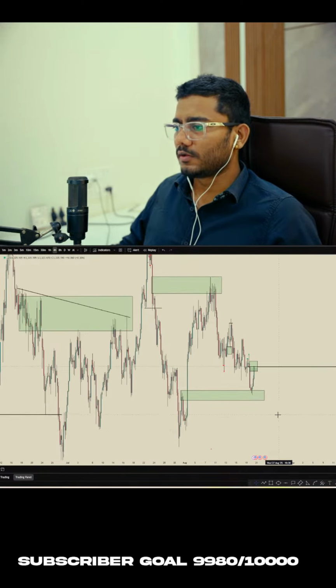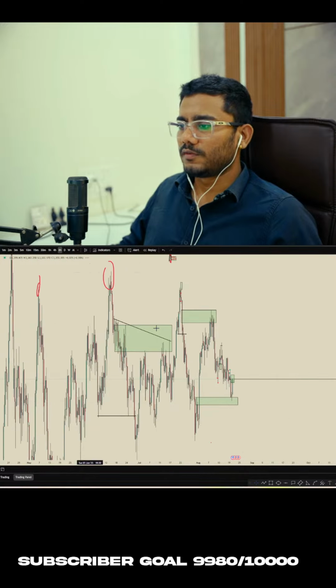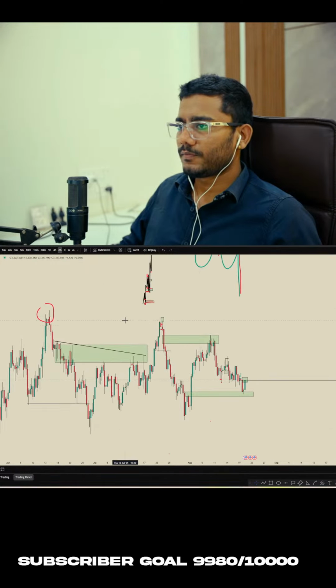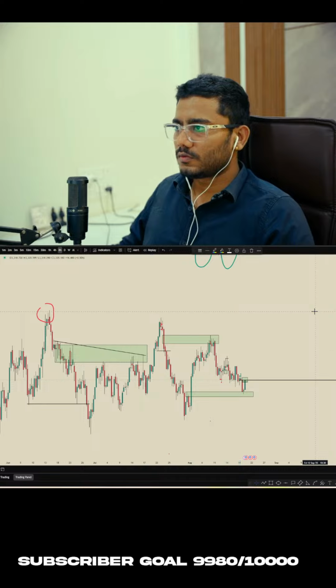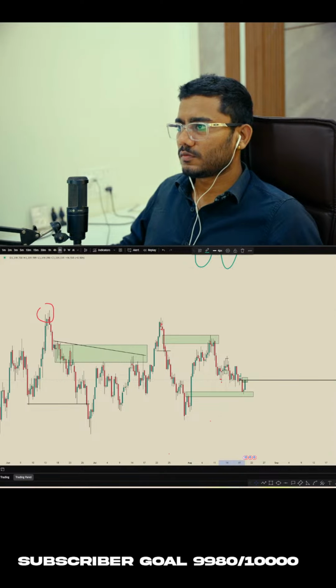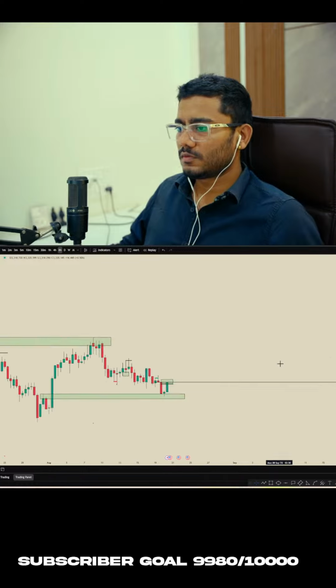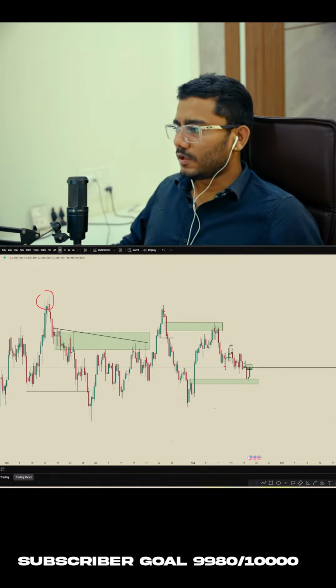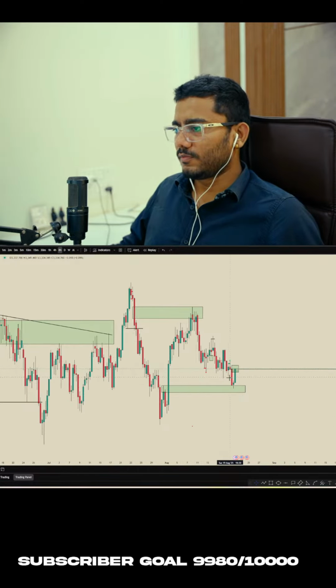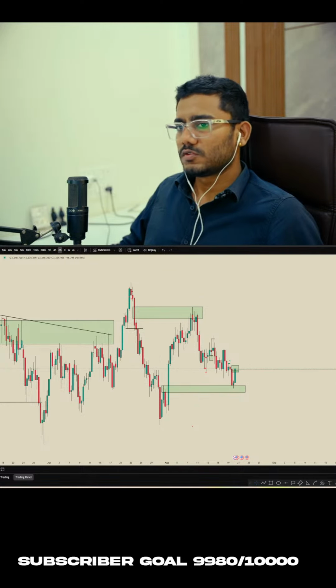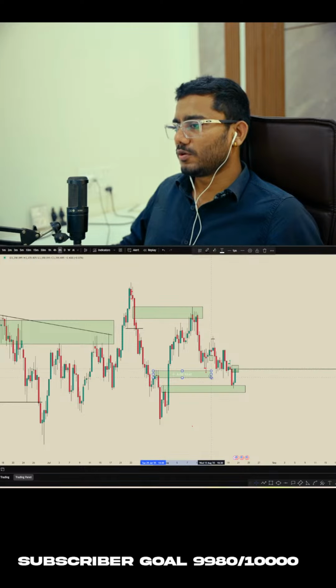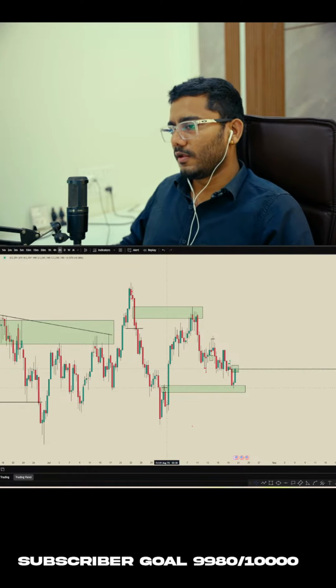If you look at the chart from here, let's look at it like this. We have this breakup block where price has tapped this area and it's continuing to the upside. So first price reacted from this order block, this breakup block. Now we have this breakup block where price is reacting.